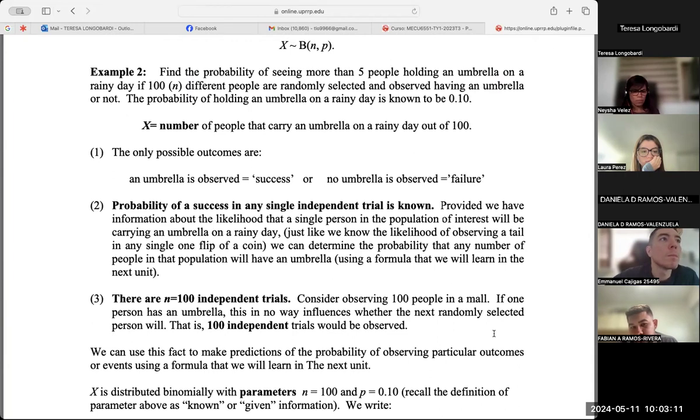What were the parameters of a normal distribution that we needed in order to be able to make predictions about outcomes? What were the parameters of the normal distribution that we always needed?